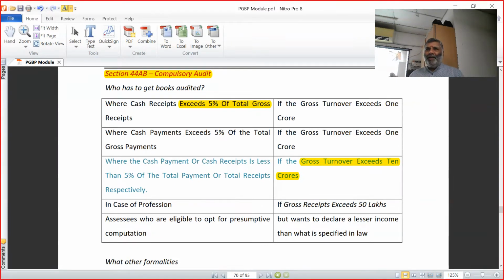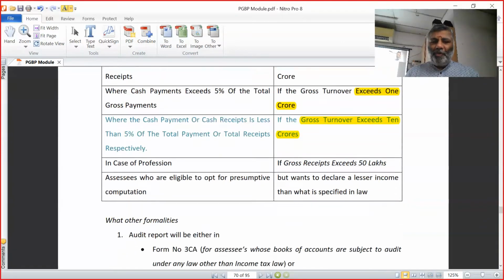But if the cash transactions are more than 5%, be it in payment or in receipt, then if the turnover exceeds 1 crore, get them audited. Exemption is presumptive computation. For profession, it is still gross receipts exceeding 50 lakhs. Read through once.